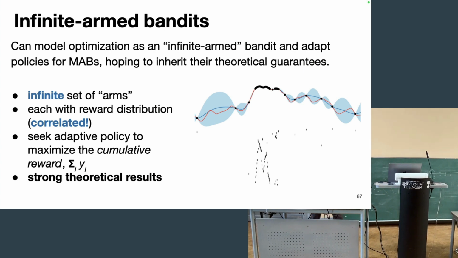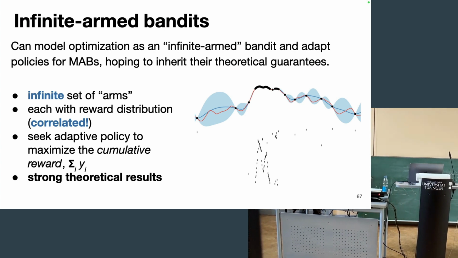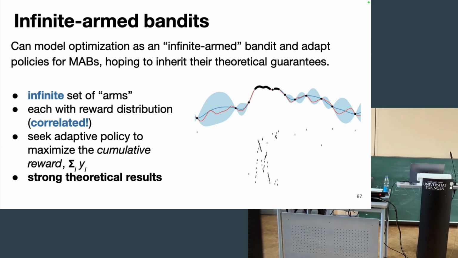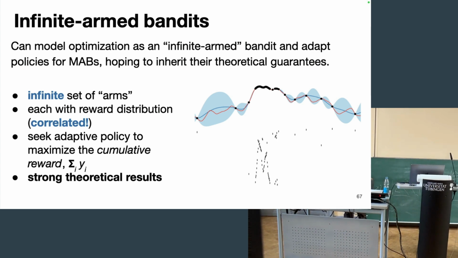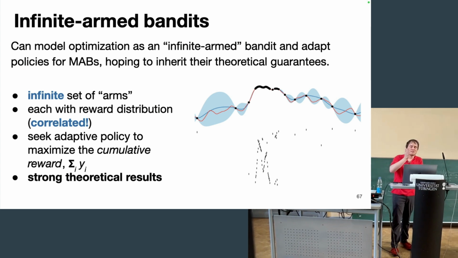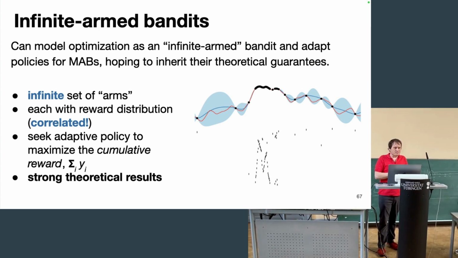And so the idea here is that maybe we can model optimization as an infinite-armed bandit. We've got this design space, and we can think about every point in the design space as being an arm. That arm has a reward distribution associated with it, which is the belief of my Gaussian process. Now, unlike in the multi-armed bandit case, my rewards are actually correlated over the arms.